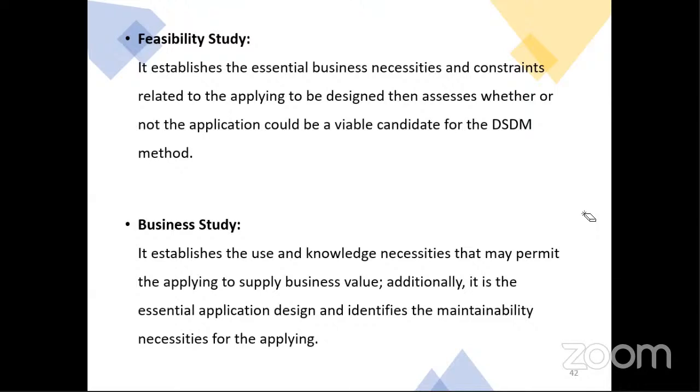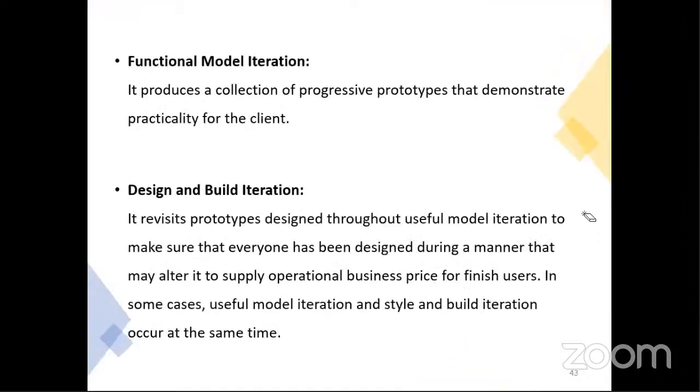Then the business study. It establishes the use and knowledge necessities that may permit the application to supply the business values. Additionally, it establishes the essential application architecture and identifies the maintainability necessities for the application. So we check what the business surrounding is and what the business study is.